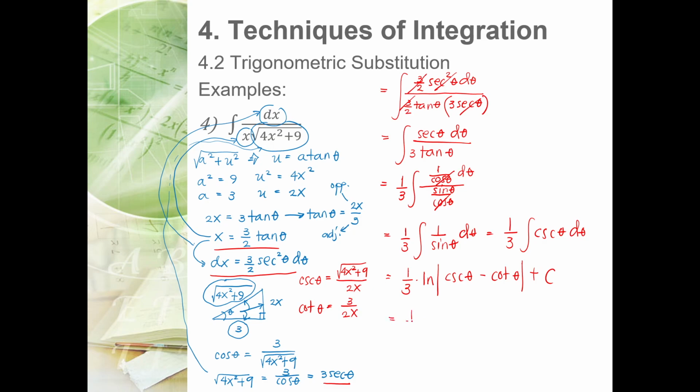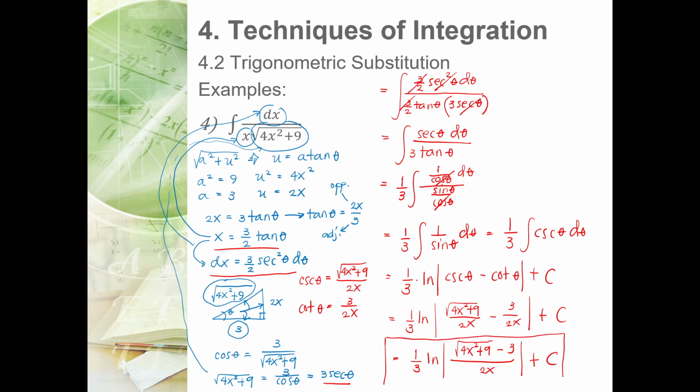So the final answer is 1/3 ln of square root of 4x squared plus 9 all over 2x minus 3 all over 2x plus c. Since you can combine the two terms, it is ln of square root of 4x squared plus 9 minus 3 all over 2x plus c. So this is the final answer.